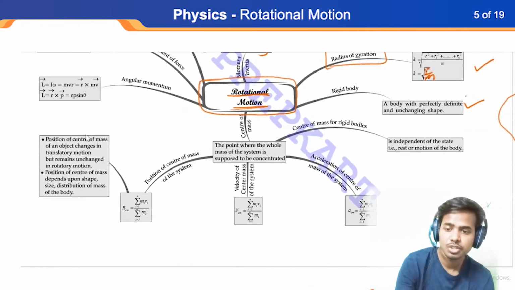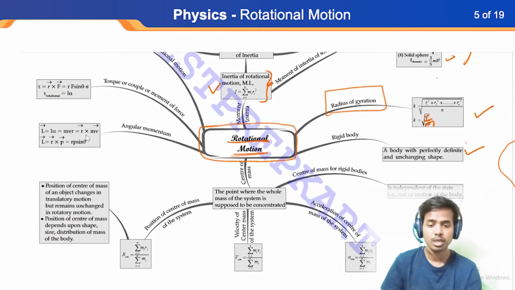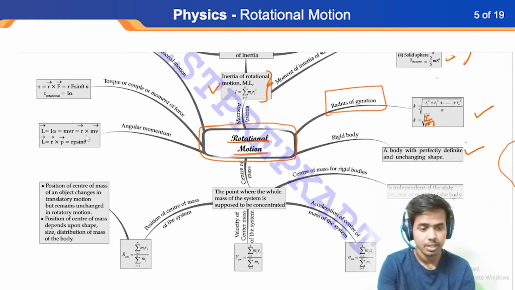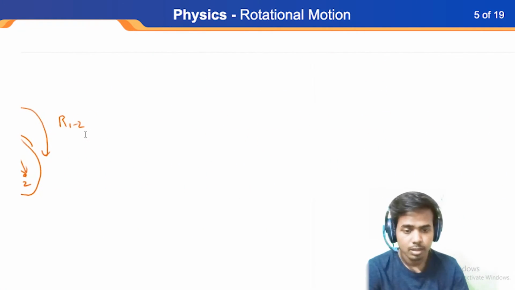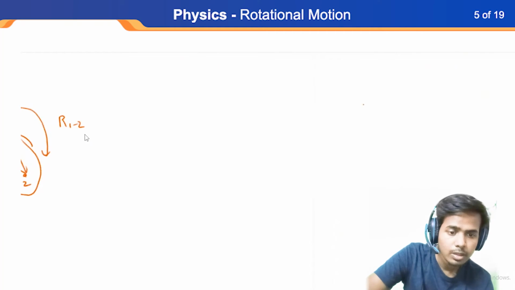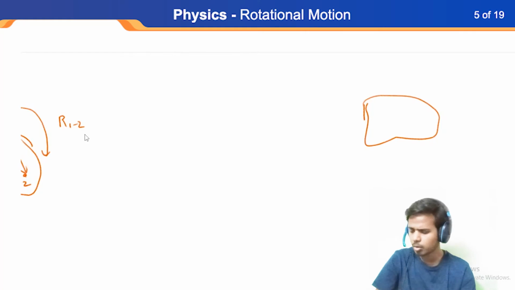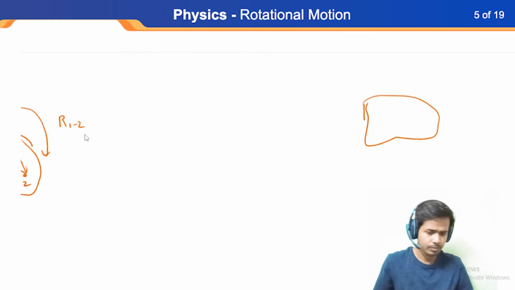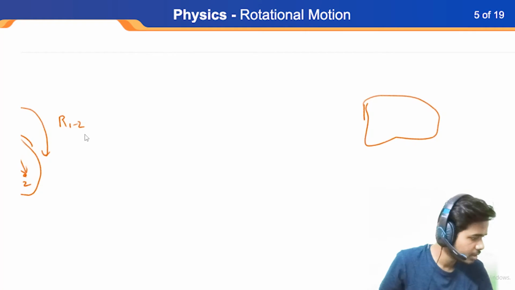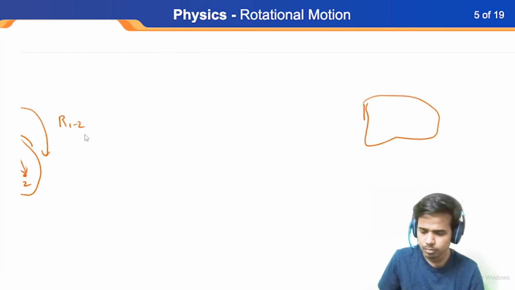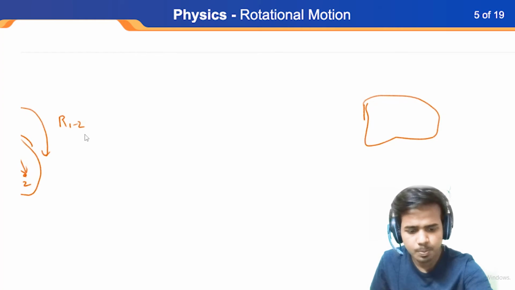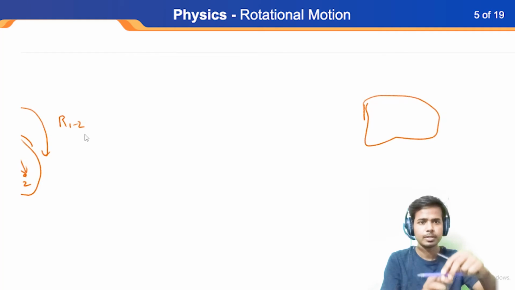Now, center of mass, I think that should be the next thing which we should cover. It is very important. See, center of mass, right? Now, let's say there is this pen of length r.